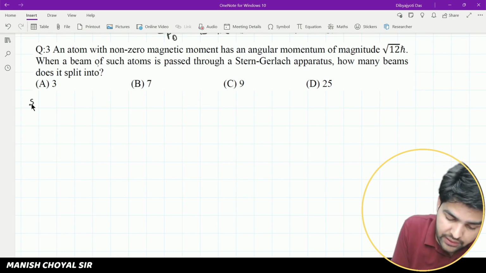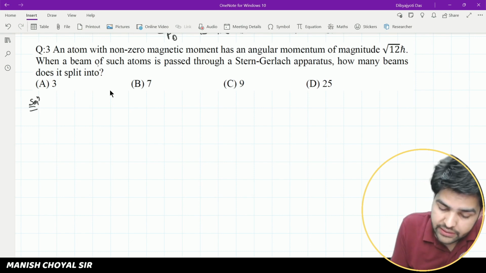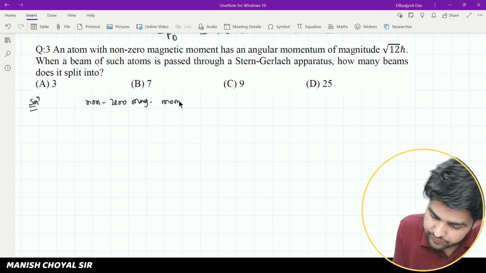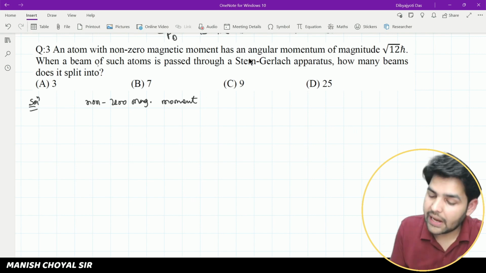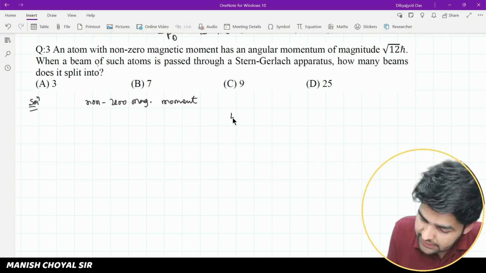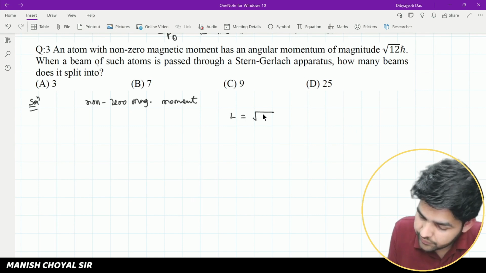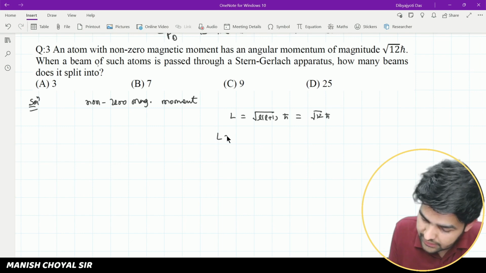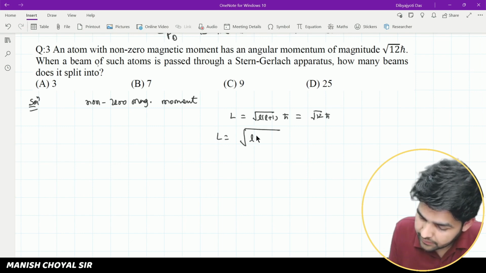So given the data is non-zero magnetic moment, okay, and the angular momentum, we know L equals √(l(l+1)) h cross, which is √12 h cross.